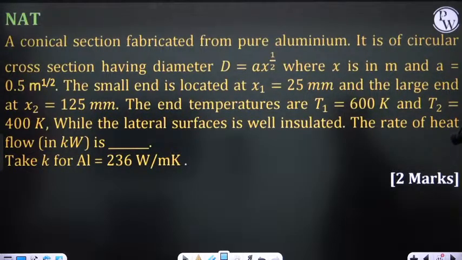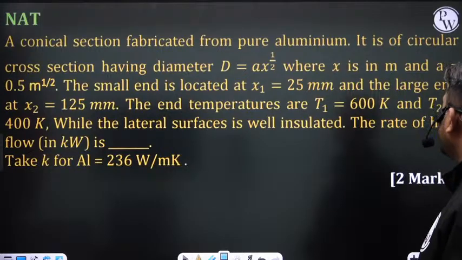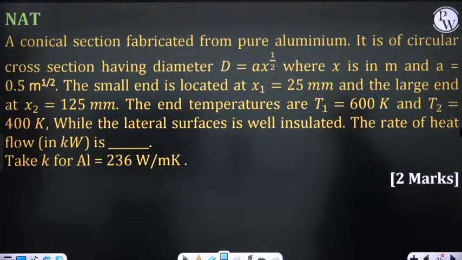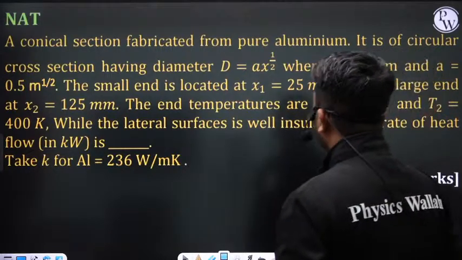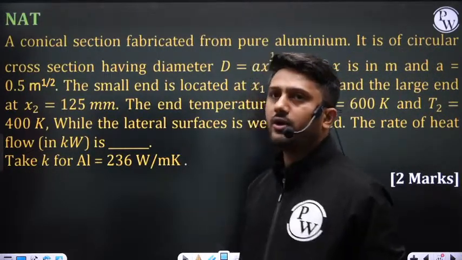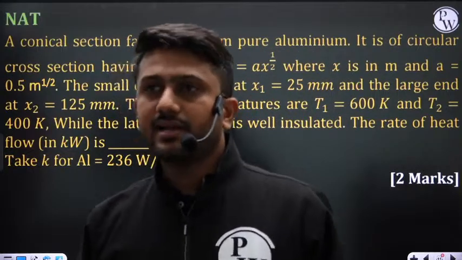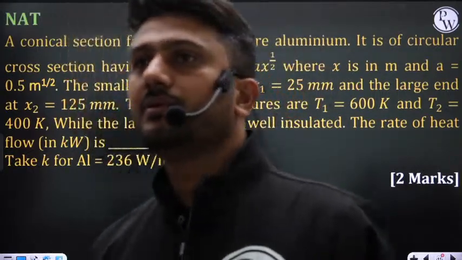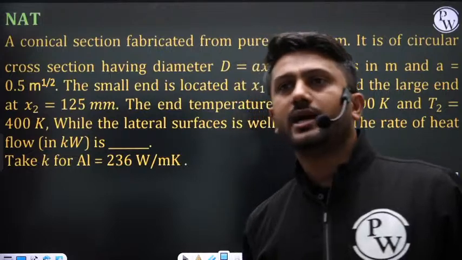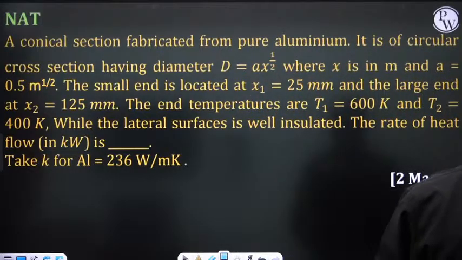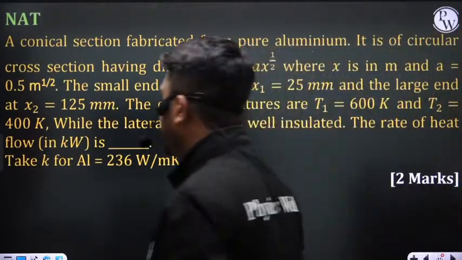The end temperatures are T1 is equal to 600 Kelvin and T2 is equal to 400 Kelvin. While the lateral surface is insulated, the rate of heat flow in kilowatt is, right? And thermal conductivity of the aluminium is also given, that is 236 watt per meter Kelvin.